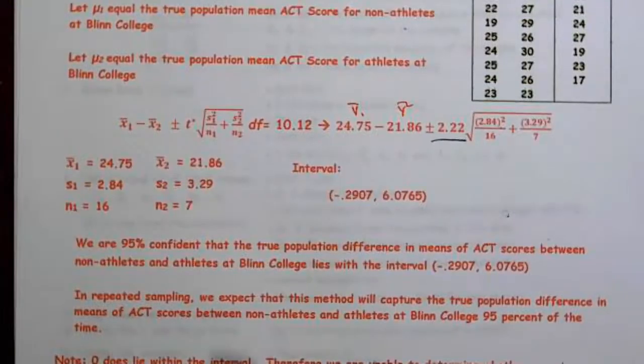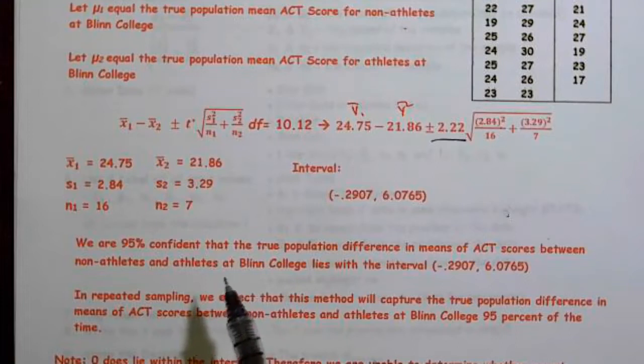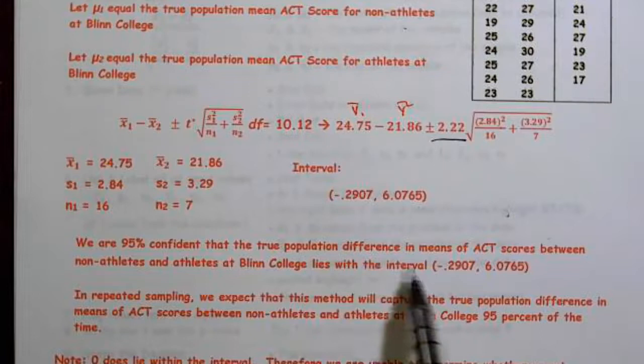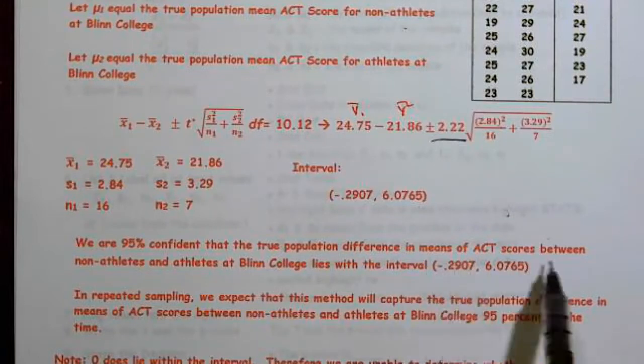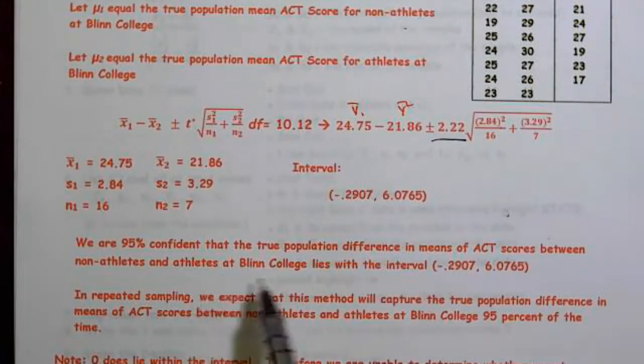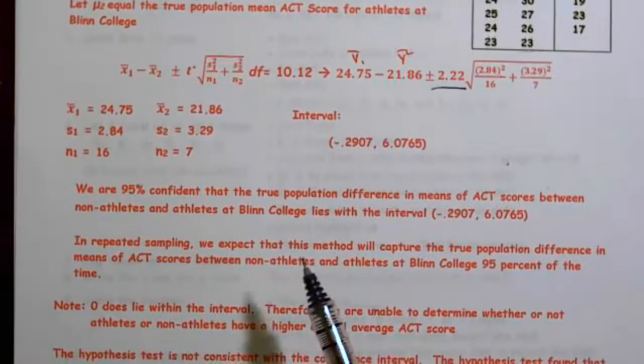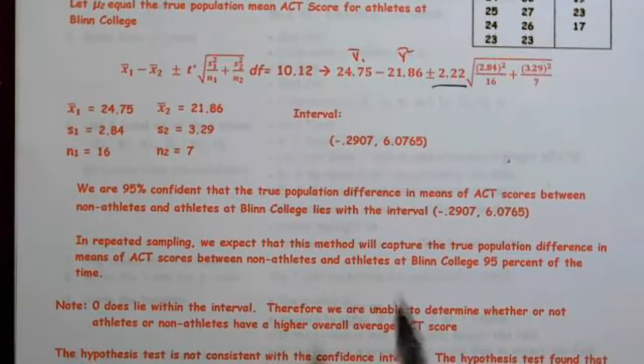So in this case, we are 95% confident the true population difference in the means of ACT scores between non-athletes and athletes at Blinn College lies within this interval. If we did this over and over again, we'd expect that this method would capture the true population difference in ACT scores between athletes and non-athletes at Blinn College 95% of the time.